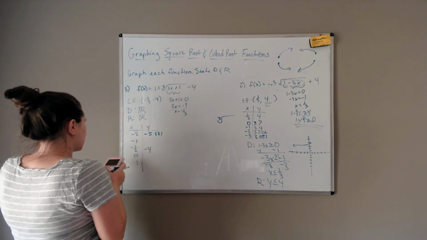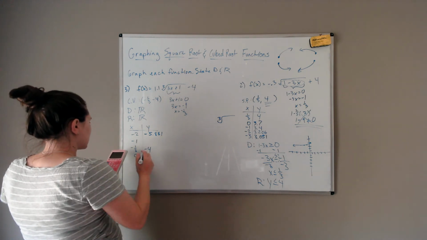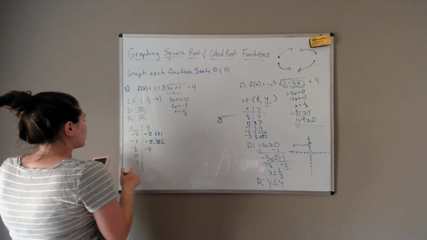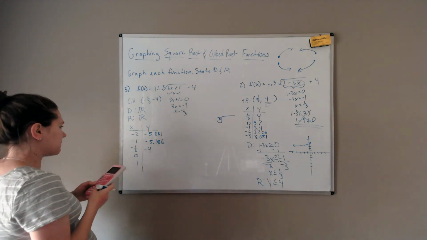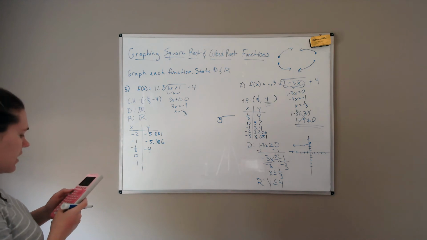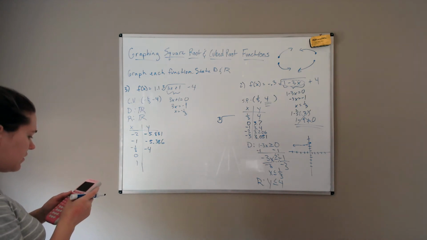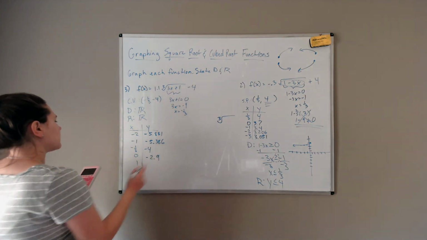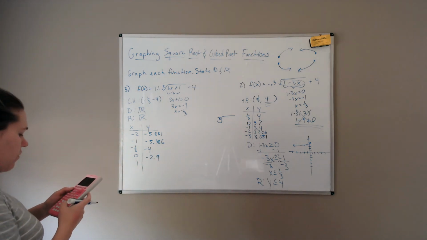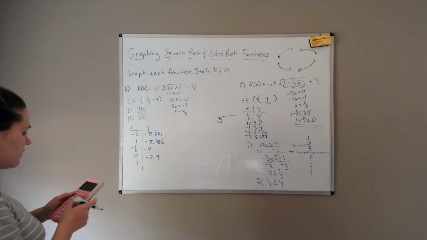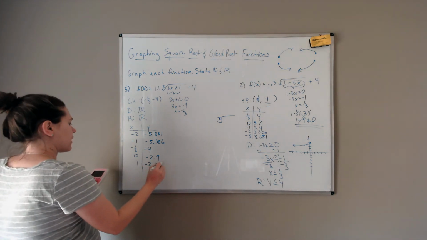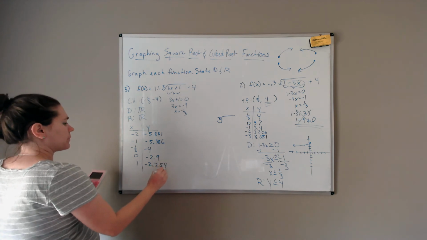And then we're going to plug in negative 1, and we're going to get negative 5.386. And we plug in 0, and 0 is going to give us negative 2.9. And we plug in 1, and that gives us negative 2.254.